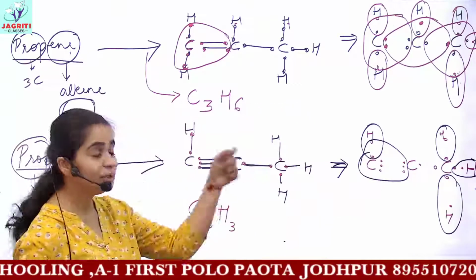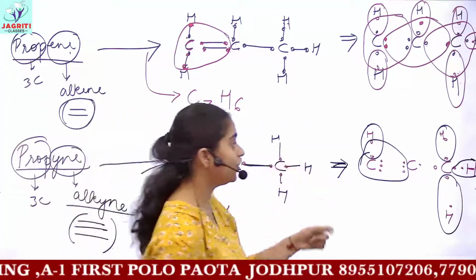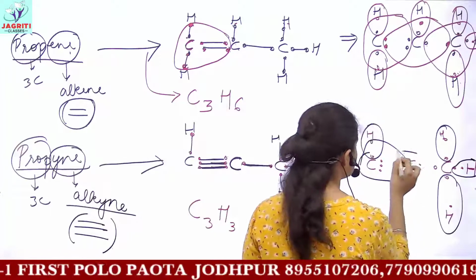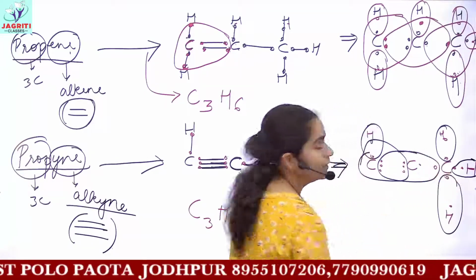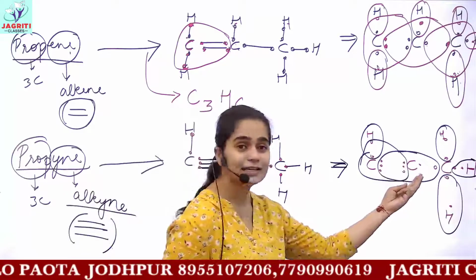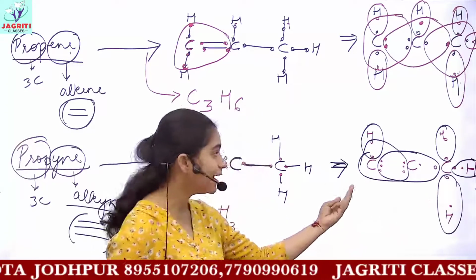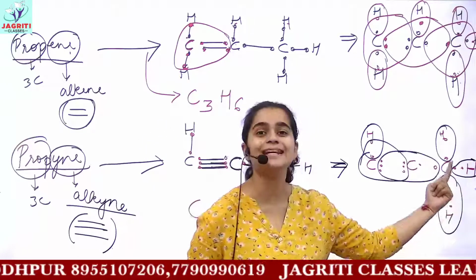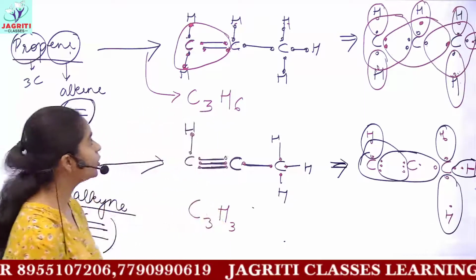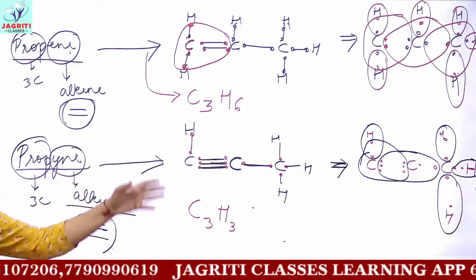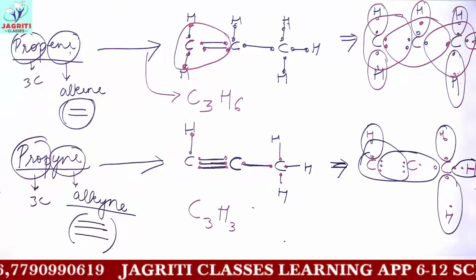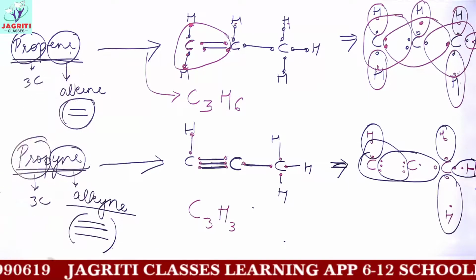So this would be the representation of the electron dot structure, and for this the representation would be just simple. 3 electrons shared from the previous carbon and 1 electron shared from the next carbon. So this would be the electron dot structure, formulas, the general structure, all about this propene and propyne.